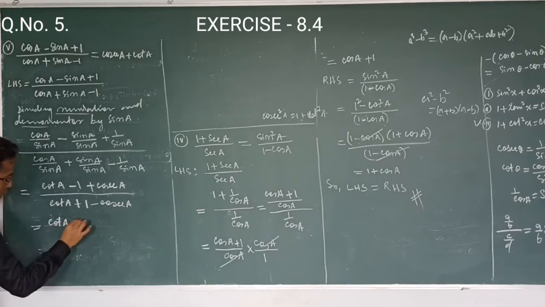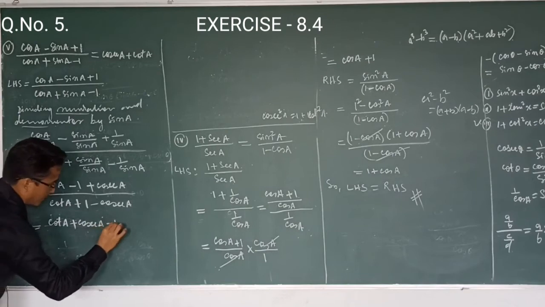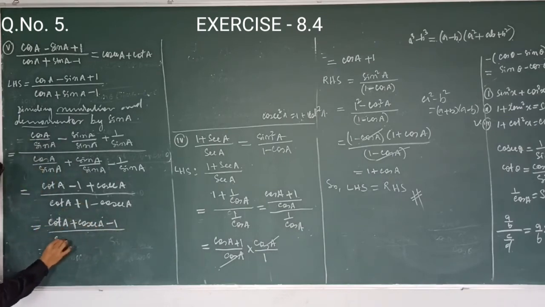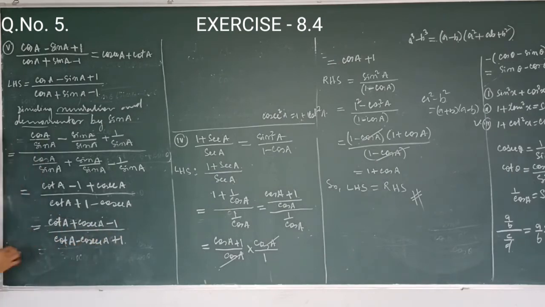Now here I modify it a little: cot A plus cosec A minus 1, divided by, I write in this way, cot A minus cosec A plus 1.